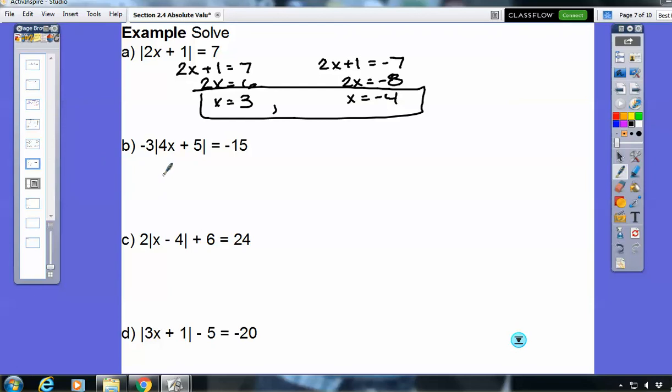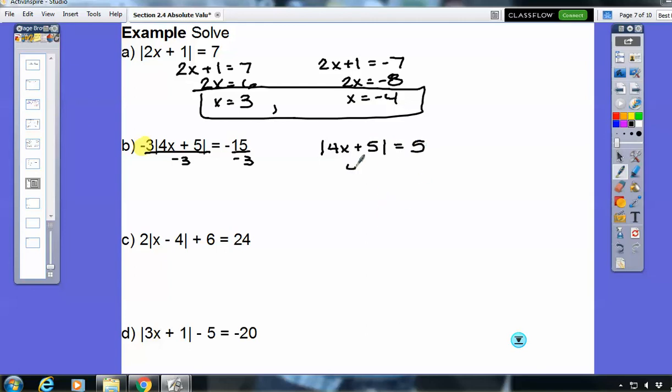B, what do I need to do? I have an issue because of this negative 3. We need to get the absolute value by itself, so we'll first divide everything by negative 3. So then I have my absolute value is equal to 5.